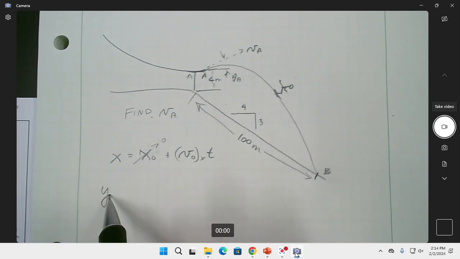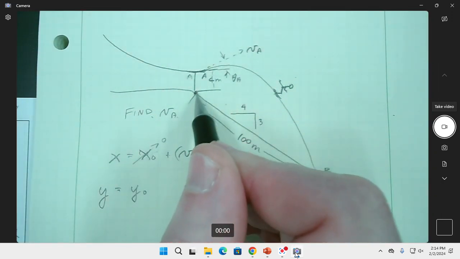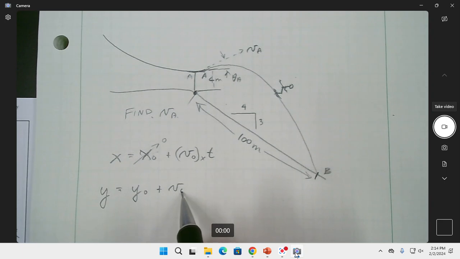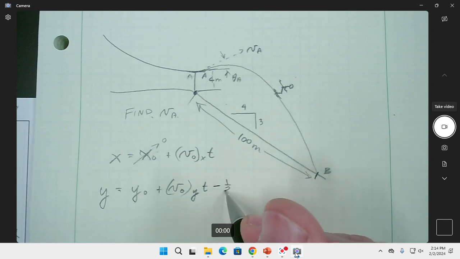And then y's position is y0, and I'm going to decide that right there is 0, plus v0y times t, and then with projectile motion, we can go ahead and replace the acceleration with gravity and make it negative.